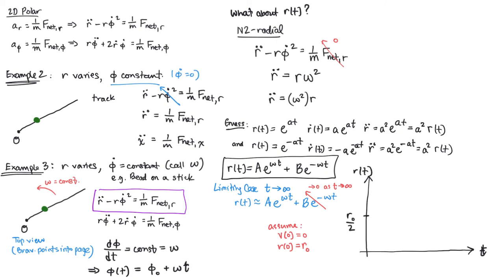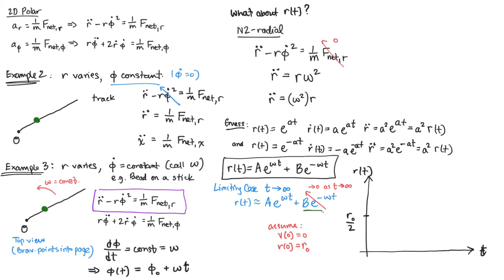Okay, so let's go back to the original equation that was our solution r of t, and let's assume that we pick a scenario where the object starts at rest at a given location. And let's try to make a graph of what that will look like. All right, so we have two things going on.